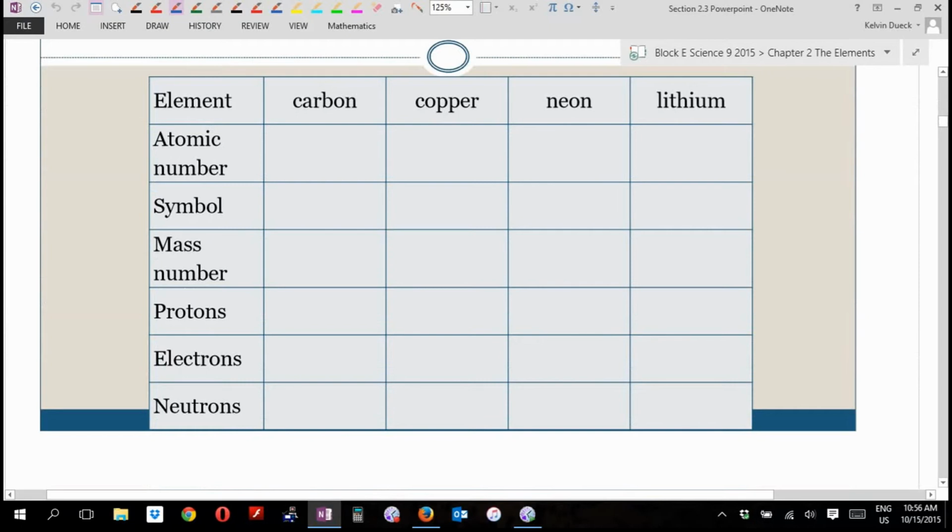Let's practice some. Let's do carbon. You guys have this in your notes, did I include this in your notes or not? Yep. Okay, so let's fill in this little chart together. Atomic number of carbon, we're going to go all the way down. Atomic number of carbon is what? 6. That would be fair to ask you on a test. What's its symbol?